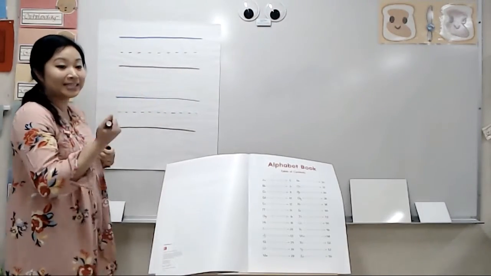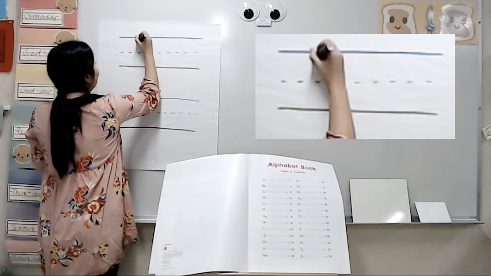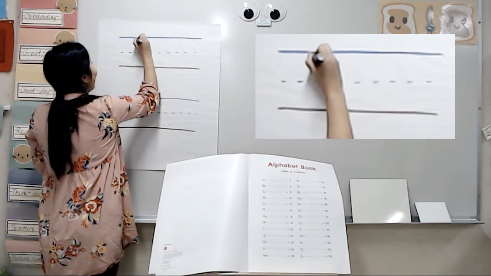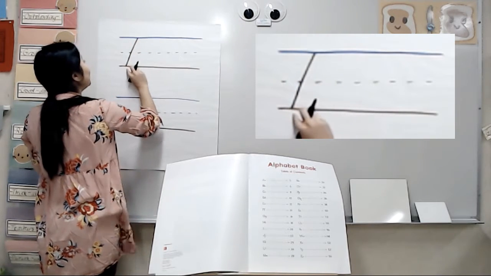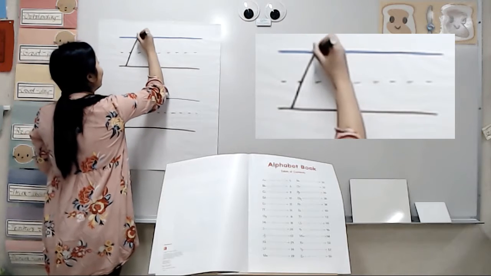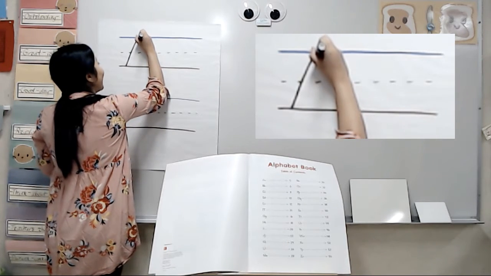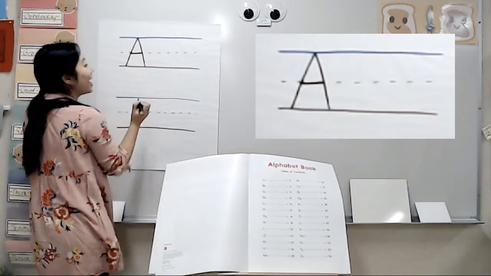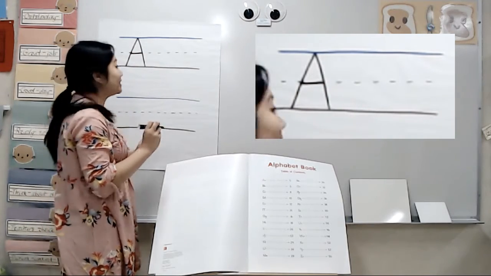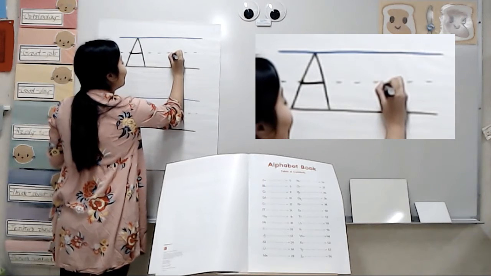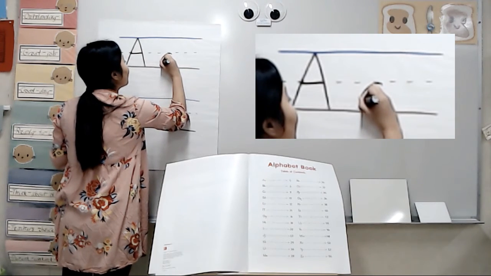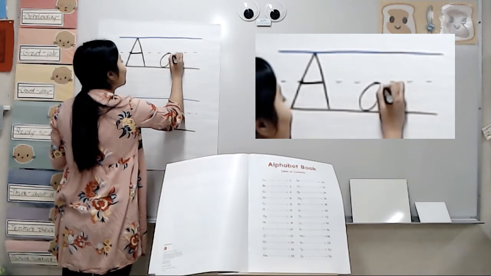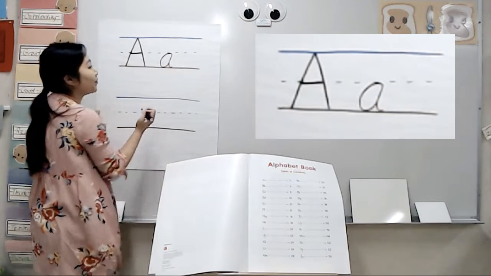For uppercase A, I start in the sky, diagonal down to the ground, then back up, in the sky, diagonal to the ground, and across the grass. For lowercase a, I start in the grass, curve around, touch the grass, tail on the ground.